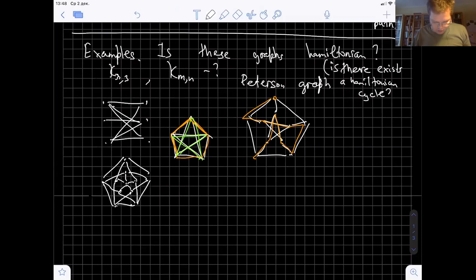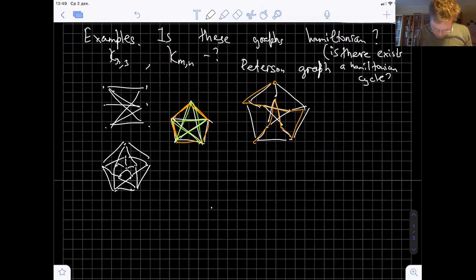Yeah, maybe I could just redraw it to be a clearer picture.